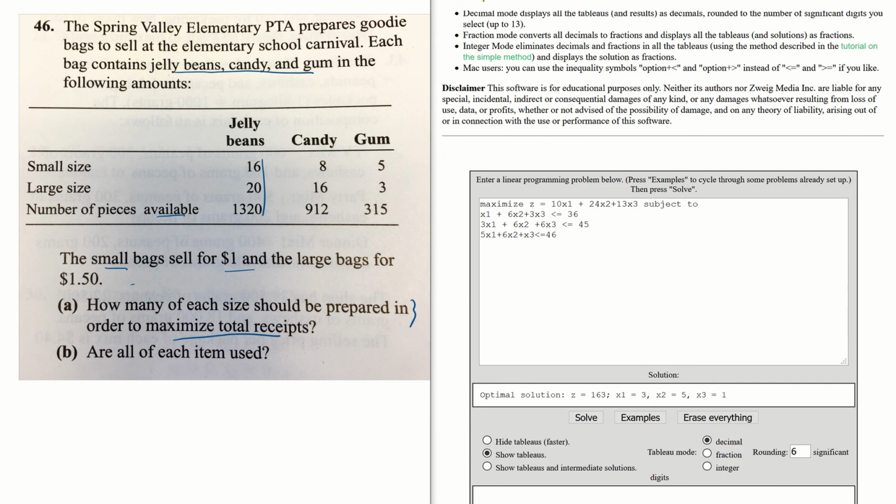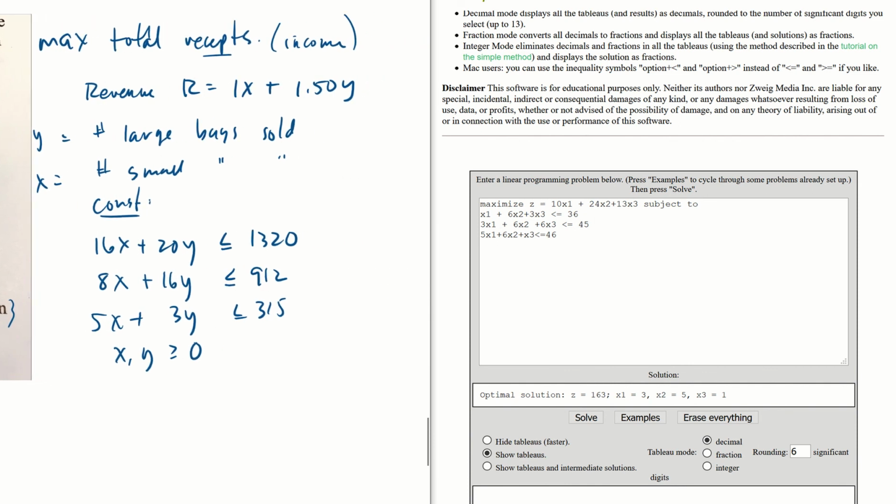So we're going to maximize z equals x plus 1.5y, subject to 16x plus 20y less than or equal to 1320, 8x plus 16y less than or equal to 912, 5x plus 3y less than or equal to 315. And again, x and y are positive. We don't need that, so I'm going to solve it.